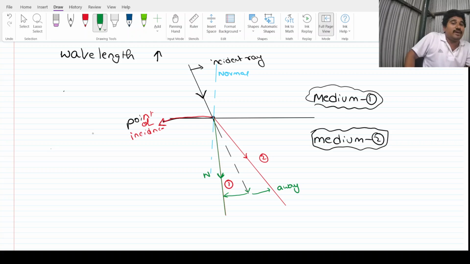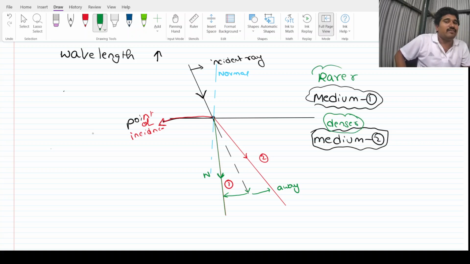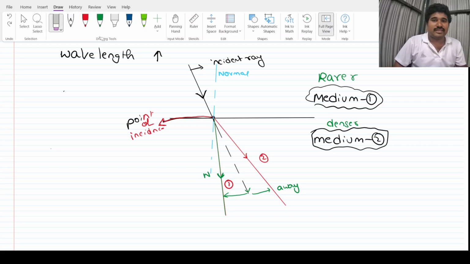Now I will define medium 1, medium 2. Remember, if I am traveling from rarer medium to denser medium, what will happen? One second, let me redraw properly.